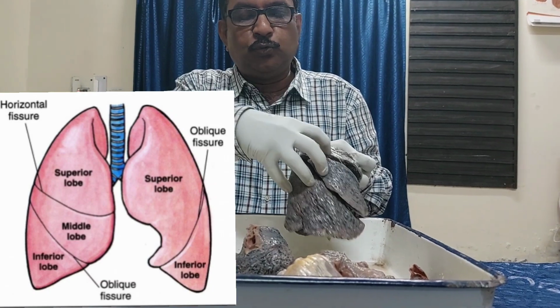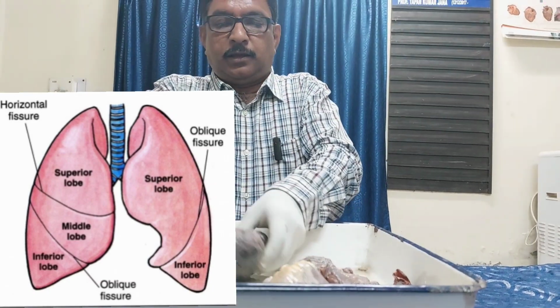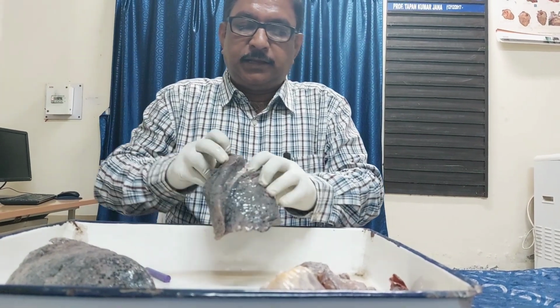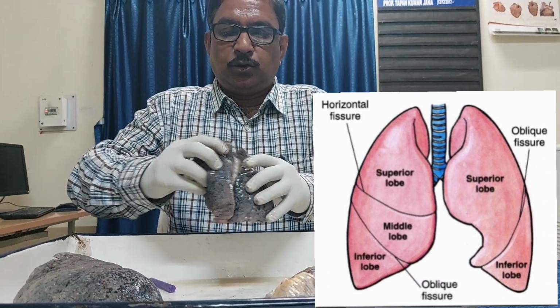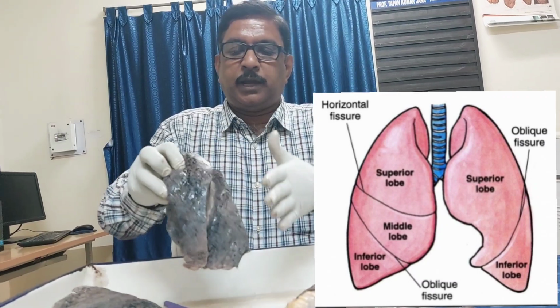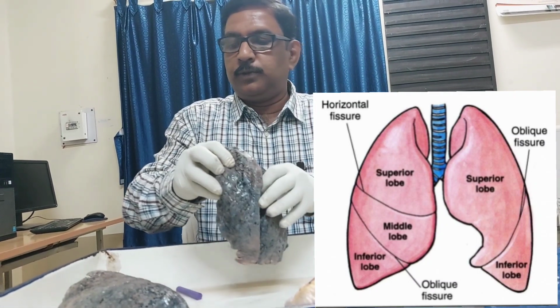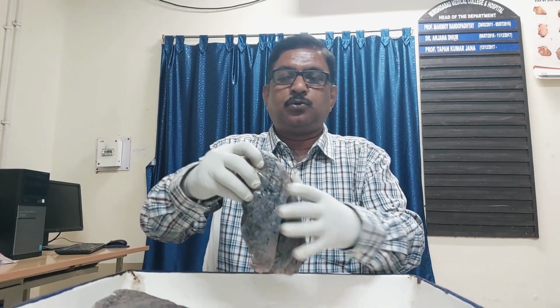So that lung should be the right lung. Two fissures and three lobes. And on the left side, you can see only one fissure, the oblique fissure. No transverse or horizontal fissure. Upper lobe and lower lobe. No middle lobe like the right lung. So two fissures, three lobes; one fissure, two lobes.